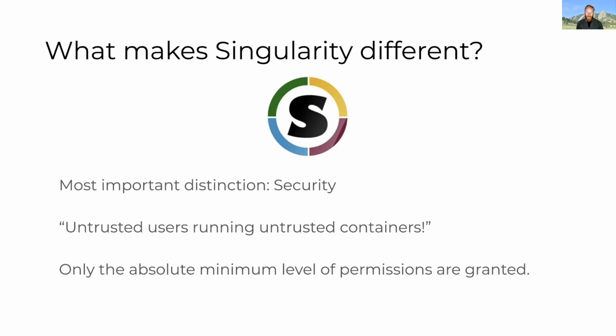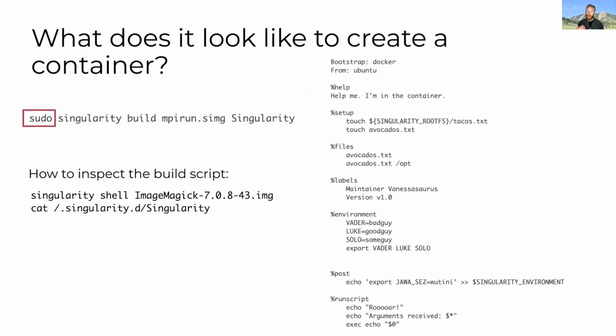So since we'll be using Singularity, I'll show you an example of what it looks like to create a container. A container is specified by just using a script which says what operating system is going to be used and what software is installed. So on the right is a Singularity recipe.